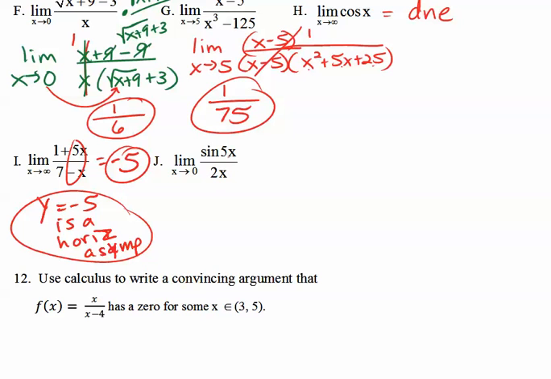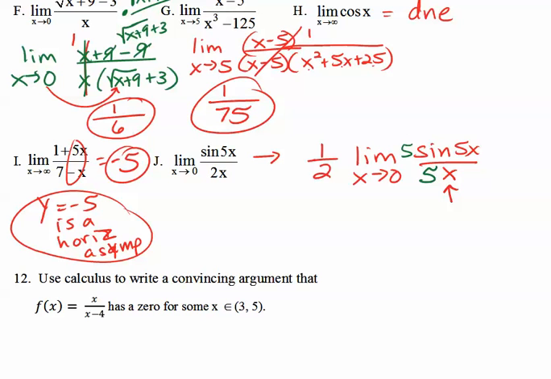And here we've got our sine of a glob over the glob. So we need to do some changing here. We're going to bring that 2 out of the denominator. And again, you can skip this work if you recall it from previous problems. What I need is to make my denominator 5x, so I have sine of a glob over the glob. So if I want to put a 5 in the denominator, I do that by putting a 5 in the numerator.